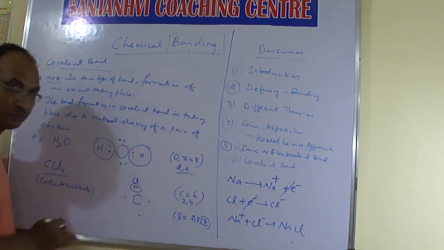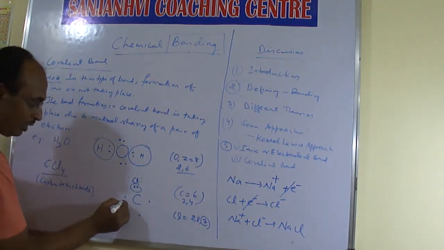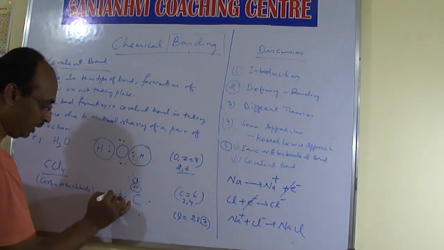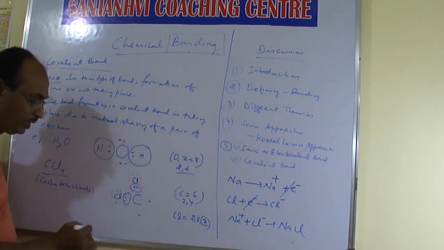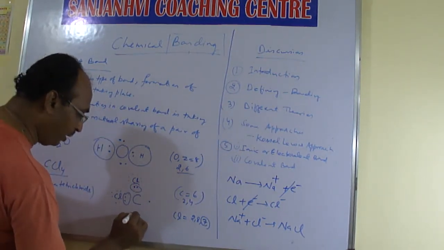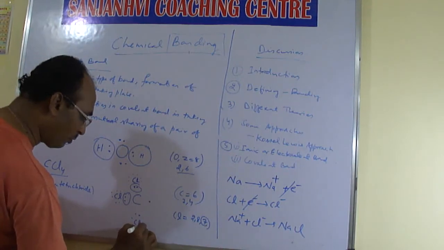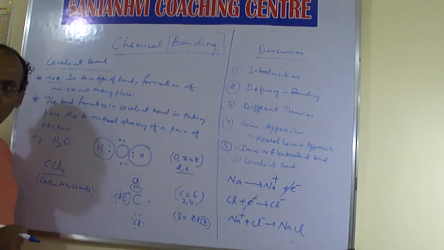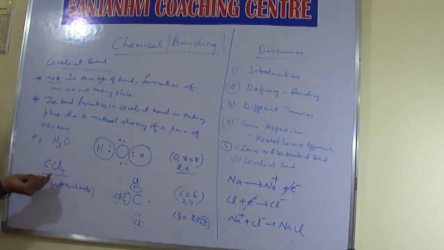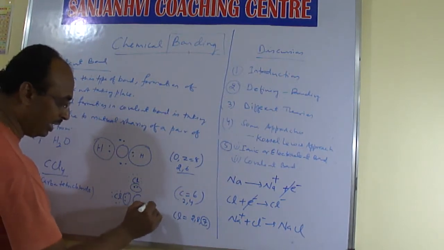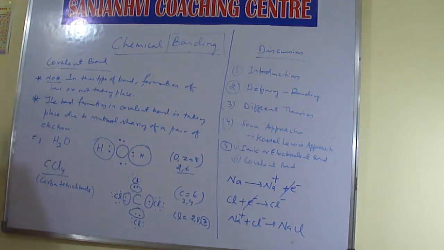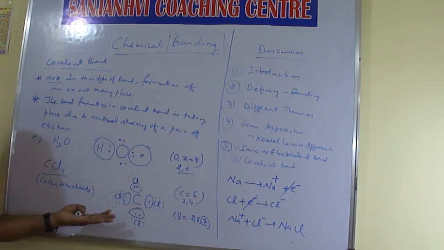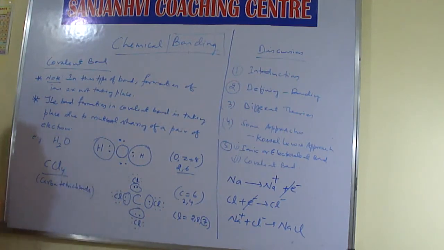Another Cl forms another bond, and so on. Tetra means 4 Cl, so carbon can make a maximum of 4 bonds.